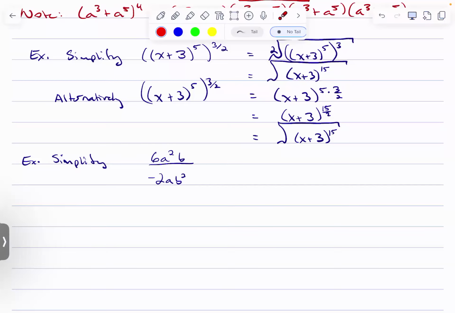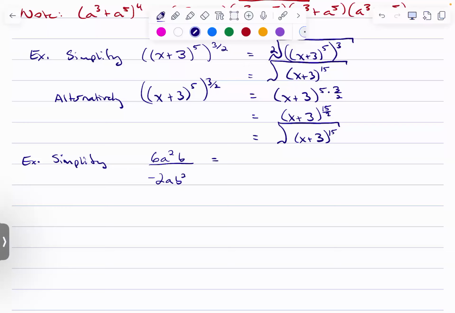Now, simplifying the powers really only works if you have the same base, right? But you can collect the like bases. And again, there are lots of ways to approach the simplification of this one, so I want you to pay attention to what your brain wants to do first. As long as you end up with the same answer, then you did it, right?